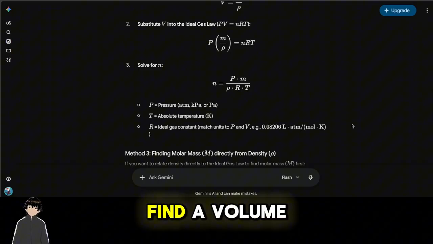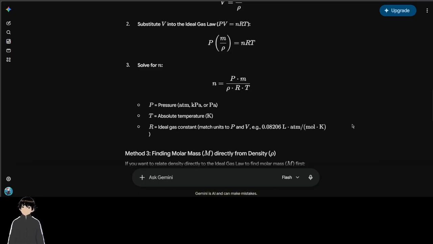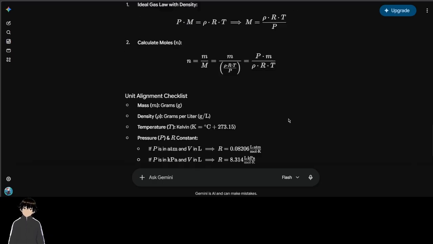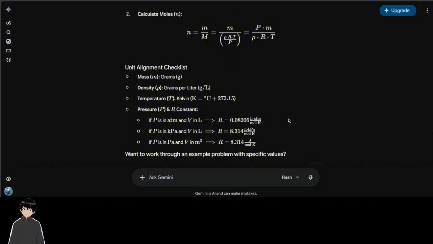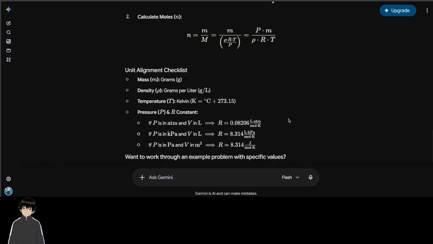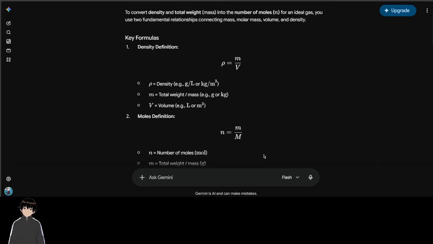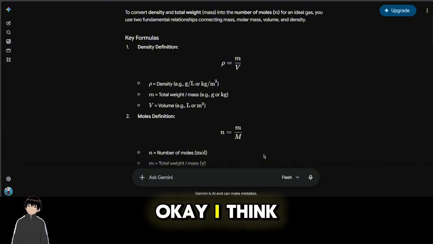Oh, I see, that's how you find the volume.